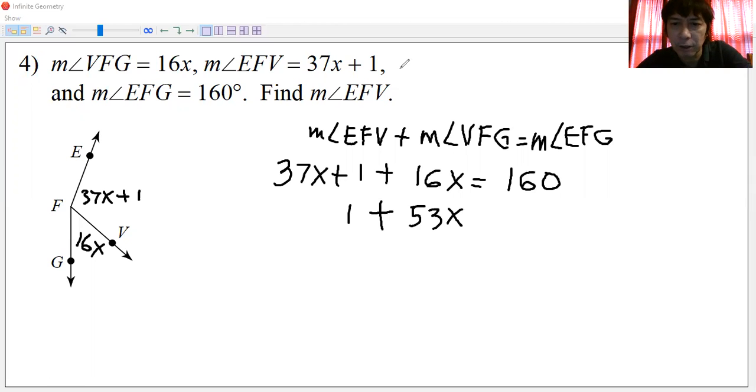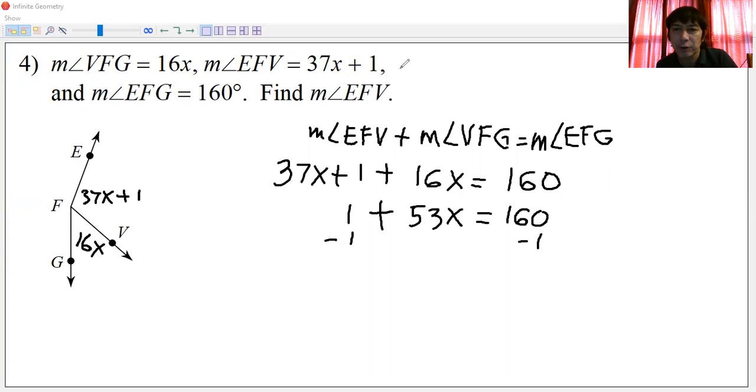And that is equal to 160. Now, the next step is to subtract 1 from both sides. I hope you already know how to solve equations like this. These are simple linear equations. Before you do these angle addition postulate problems, make sure you know how to solve linear equations. If you're not familiar with it, you have to begin there.